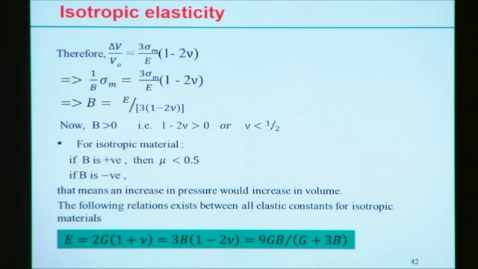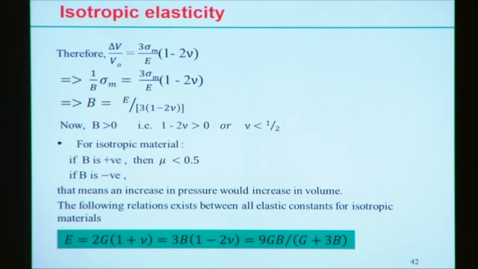Now if B is greater than 0, that means 1 minus 2 nu should be greater than 0, which indicates that nu should be less than half. So for an isotropic material, if the bulk modulus B is positive, then nu should be less than 0.5. But if B is negative, that indicates that an increase in pressure would produce an increase in volume.